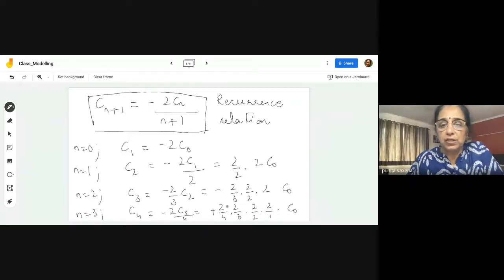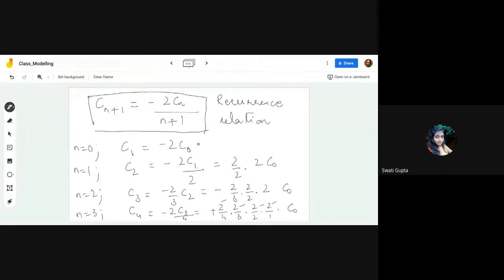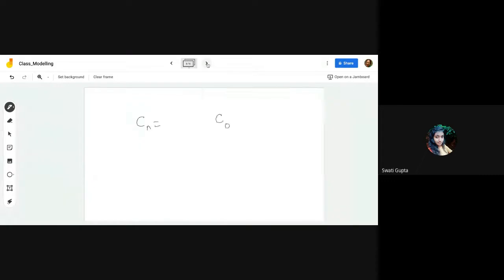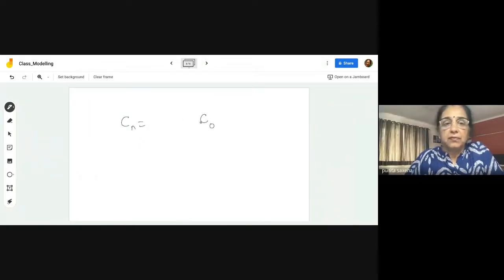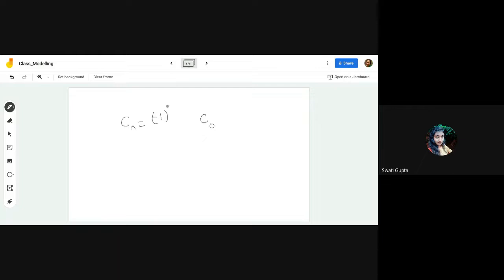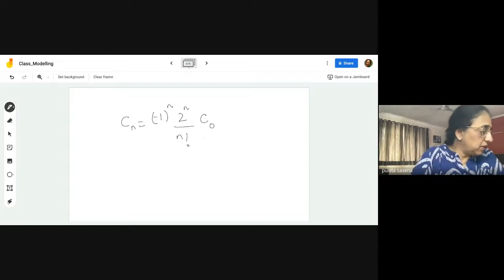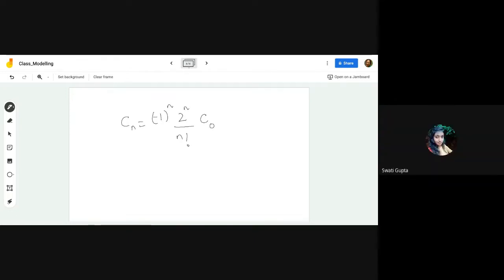There are so many 2's, that's why I use them to the power n. And they alternate in sign, plus minus. See, I can write C1 as minus 2 by 1 C naught. Ma'am, minus 2 to the power n by n factorial C naught. No, we don't write it as minus 2 to the power n. It should be minus 1 to the power n, 2 to the power n upon n factorial. Is it right or wrong? Yes, ma'am, right. Is that okay?